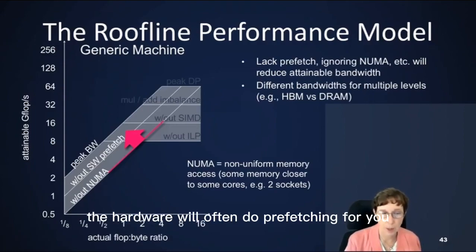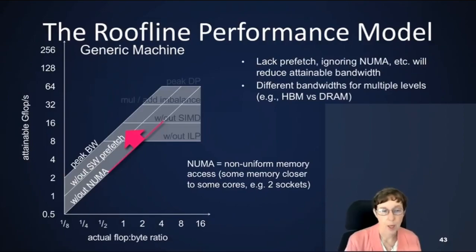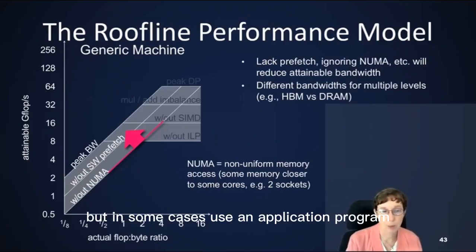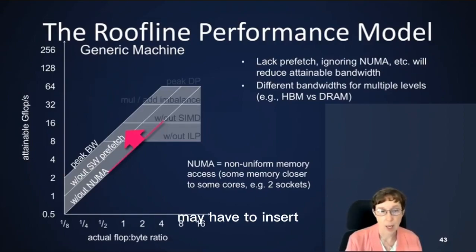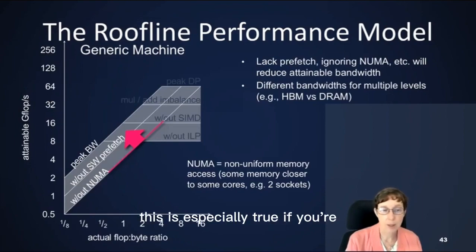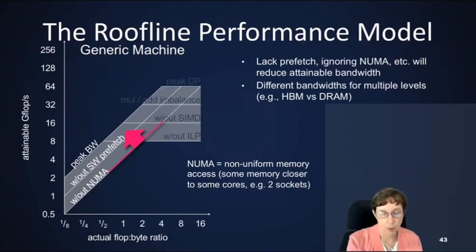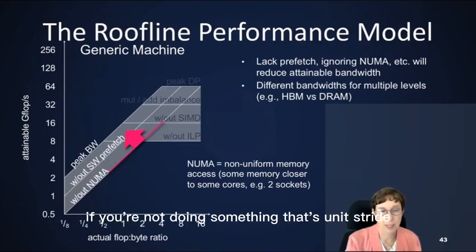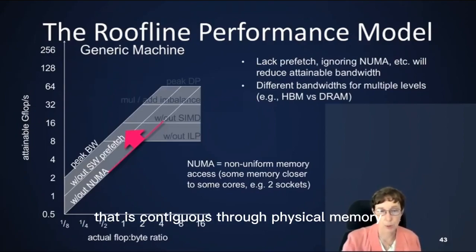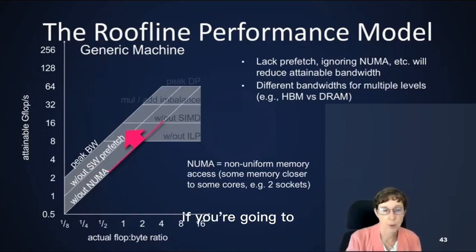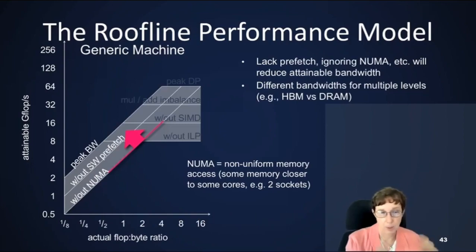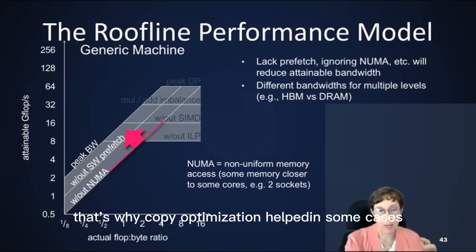The hardware will often do prefetching for you, but in some cases, you as an application programmer may have to insert prefetch operations. This is especially true if you're not doing something that's unit stride, that is contiguous through physical memory. If you're going to, say, jump to another row of a submatrix, you saw this a lot in the blocks, that's why copy optimization helped in some cases.